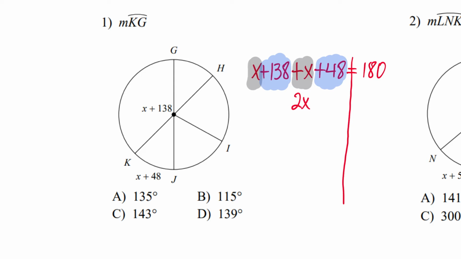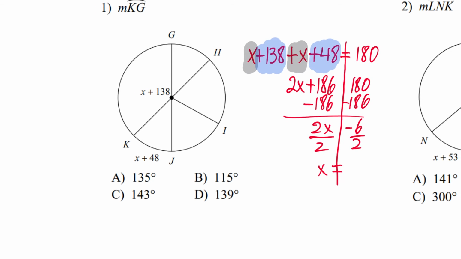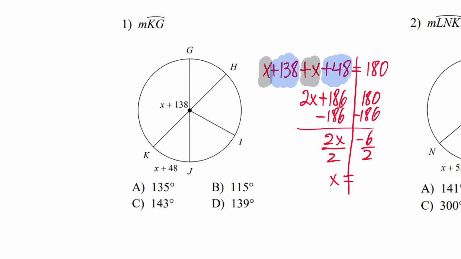What does that make together? 186 equals 180. Minus 186. So 2x equals negative 6 divided by 2. And negative 6 divided by 2 is negative 3.